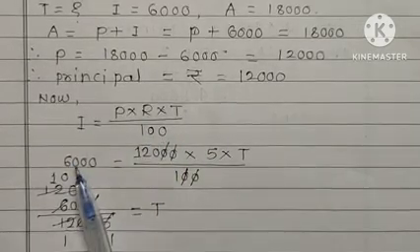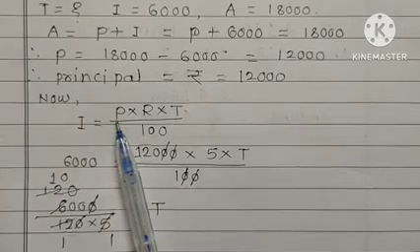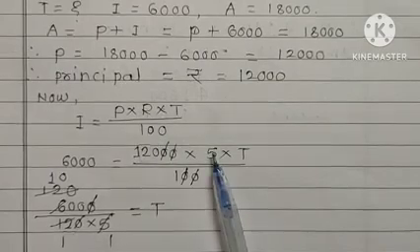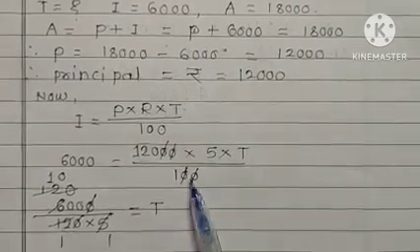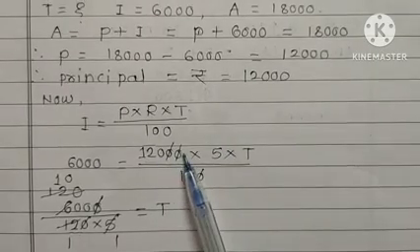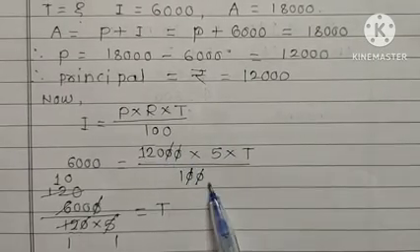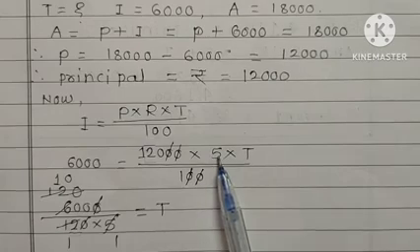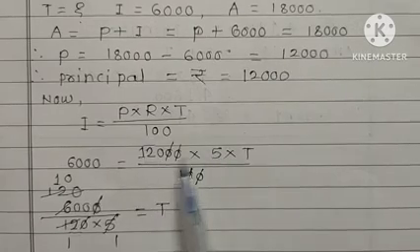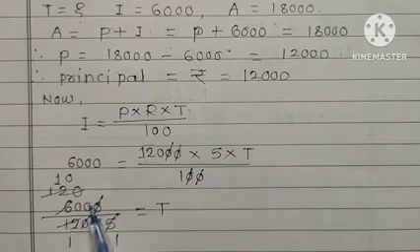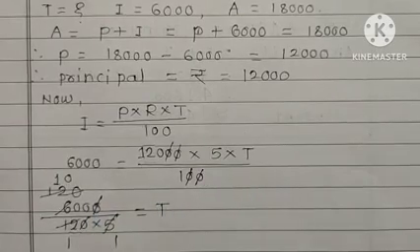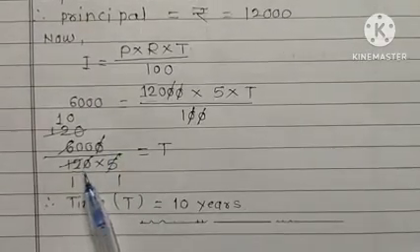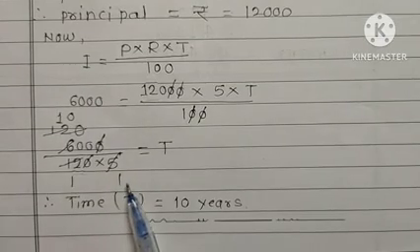Now interest I is P into R into T upon 100. Interest is given 6,000. Now P, 12,000, R 5, T we don't know, upon 100. Cancel this 0 from numerator and denominator. So 120 into 5. Taking this product in the denominator of 6,000, you will get the value of T. So simplify. 0, 0 will get cancelled. 5 ones are 5.